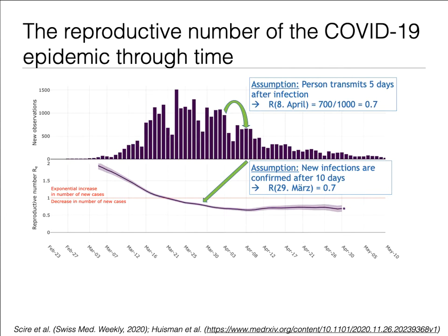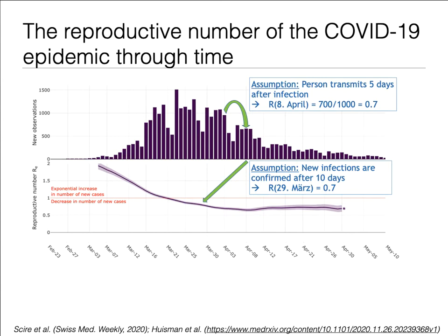Now, those 5 days and 10 days are obviously not fixed numbers, but there's uncertainty around them. So when we calculate the R value, the reproductive number, we in fact take into account distributions for the time until a person transmits the virus onwards, as well as the delay distribution between infection and confirmation.